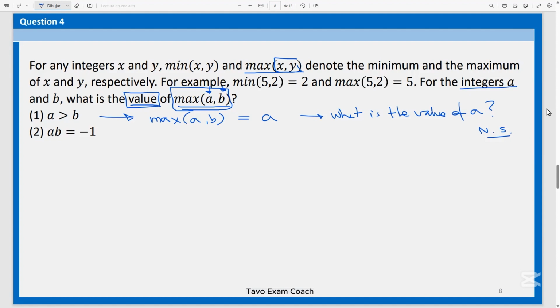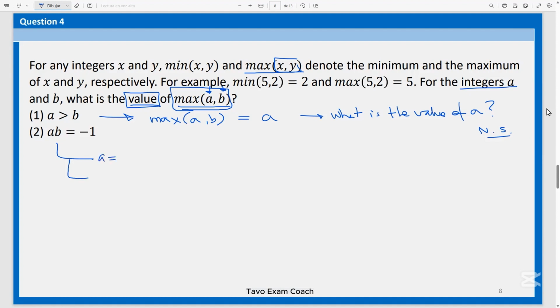Well, this looks like a and b are undetermined, or at least that's the concept if we don't know exactly what a and b are. But considering that a and b are defined as integers prior to the question, then a and b multiplying to give -1 could mean either of just two cases.